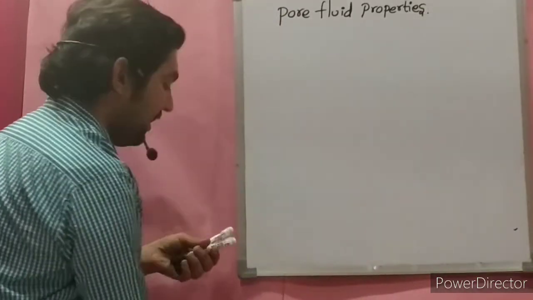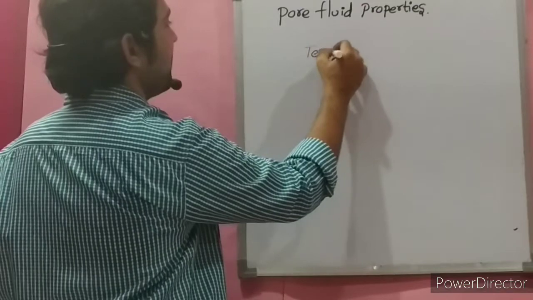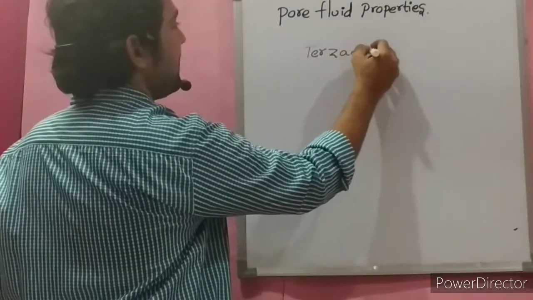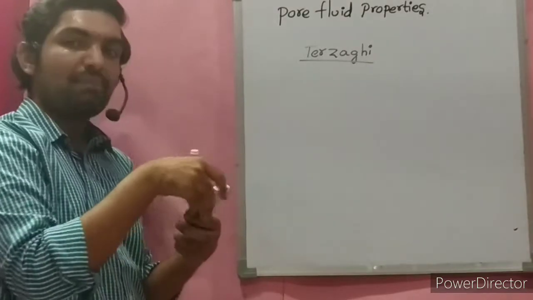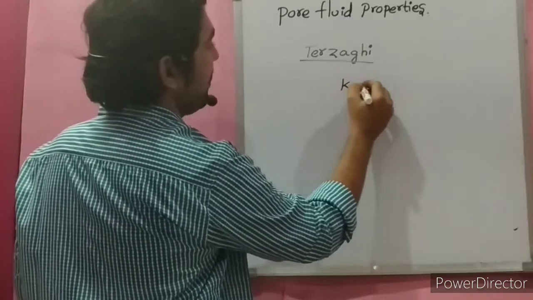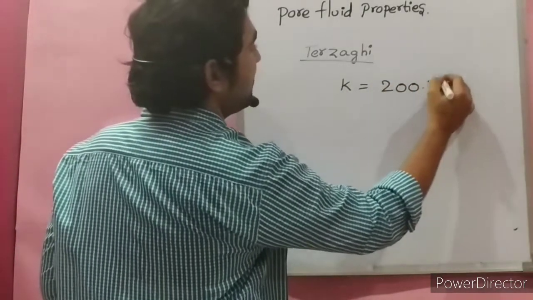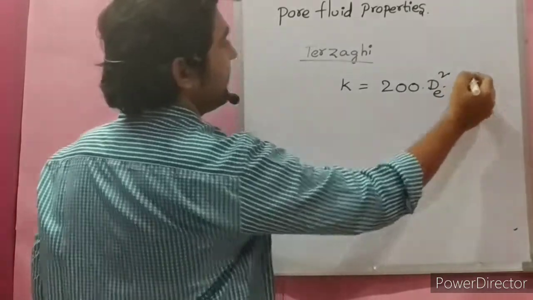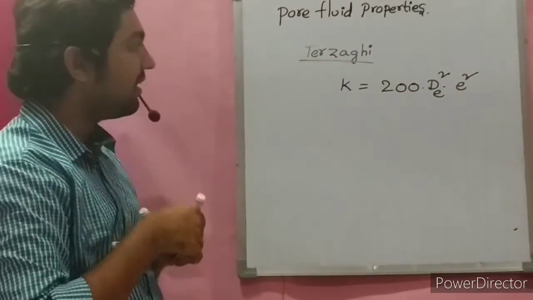Also, this permeability can be calculated by using Darcy's equation. Darcy, father of soil mechanics, gave his own equation to calculate permeability. K is equal to 200 D square into E square, where E is the void ratio and D is the effective size of the particle.